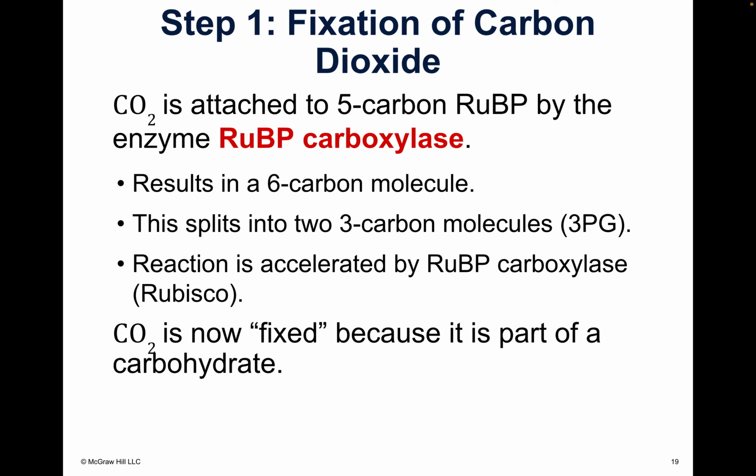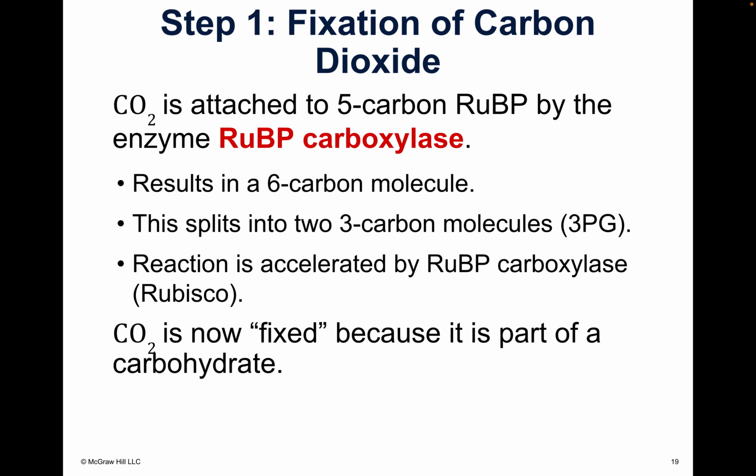So CO2 attaches to this 5-carbon RuBP by Rubisco. Rubisco is holding this CO2 and this 5-carbon RuBP together. That results in a 6-carbon molecule, which then splits into 2 3-carbon molecules.